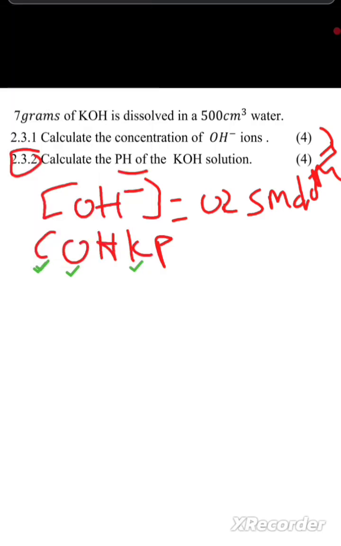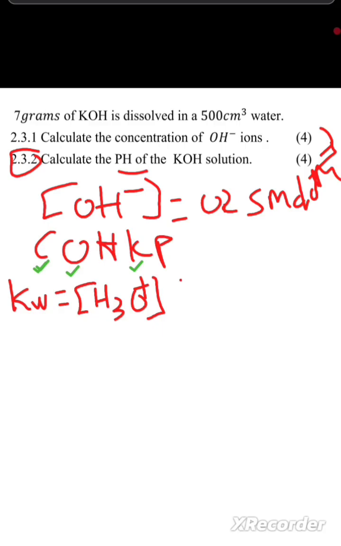Kw formula, when you apply it, this is Kw is equal to concentration of hydronium ions times OH minus is equal to 10 to the power negative 14. Right? That's what we have.